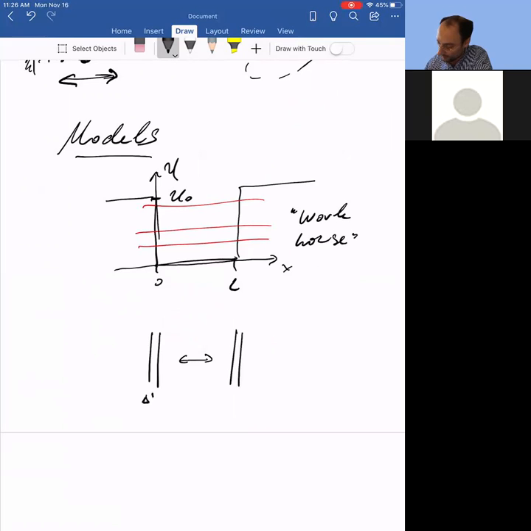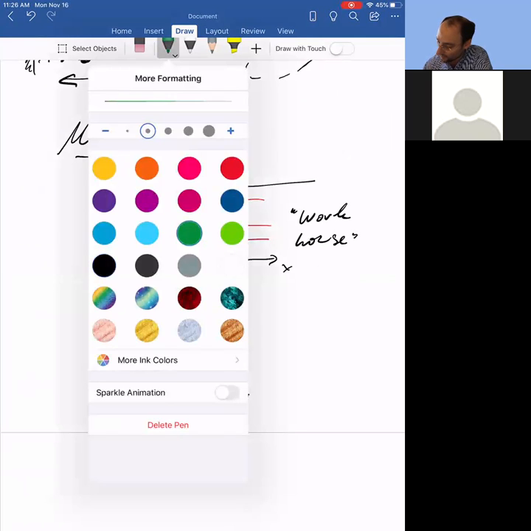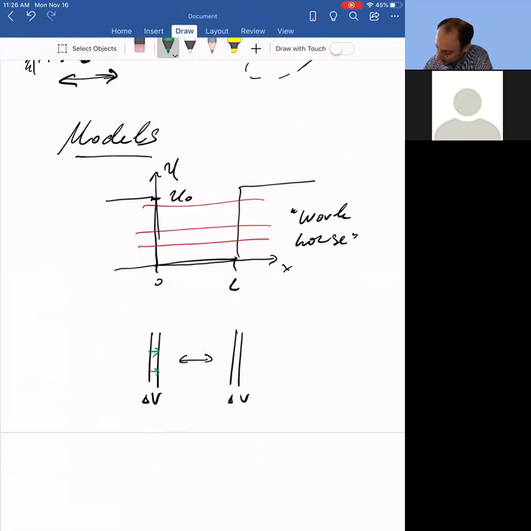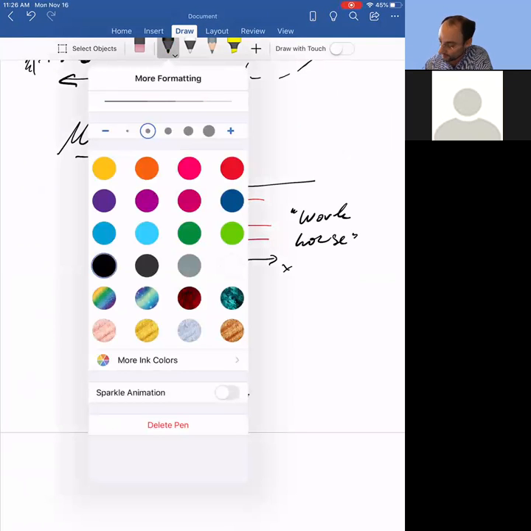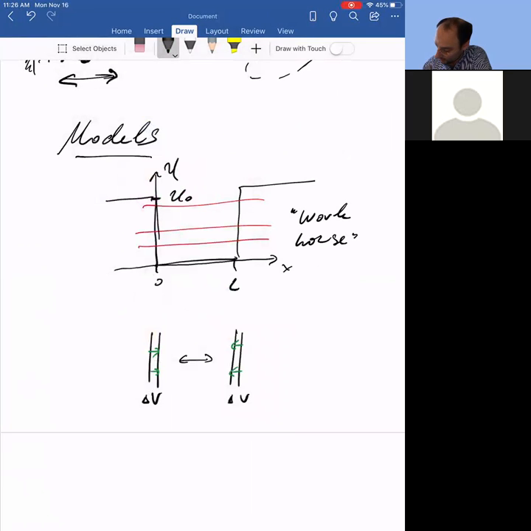So you apply a delta V here, you apply a delta V here, and let's say if it's a positive charge, there's a strong electric field that prevents that positive charge from escaping, and it will just ping back and forth between the two capacitors, right? So you actually can construct this. Okay, so that's the review.